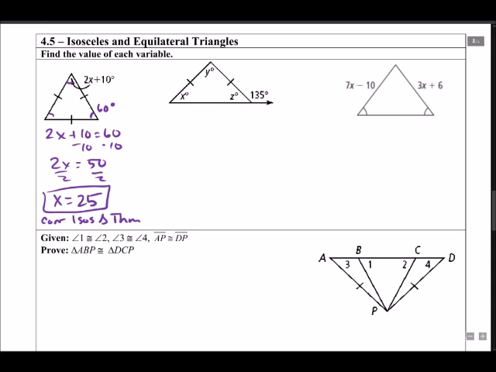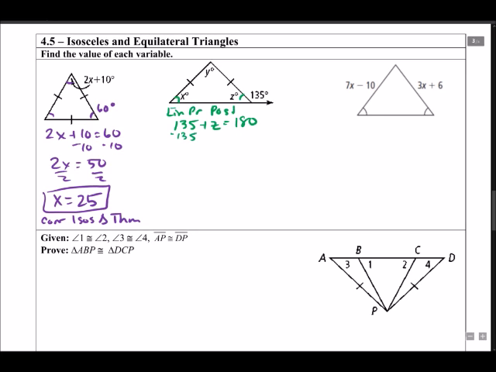I see an isosceles triangle, so I know x and z are congruent. And do I have a way to find x or z? I do. I can use my exterior angle theorem. And nope. It might be an exterior angle. That's not what I'm going to use, though. I'm going to use my linear pair postulate and say that 135 plus z equals 180.